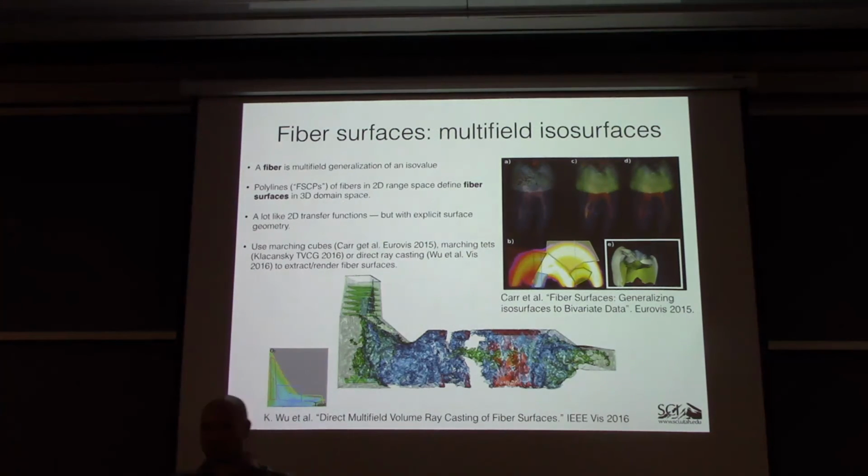And I'd say this is along the lines of more flaky research. In the last 3 years, there's been a lot of interest in what you do not for single-field scalar field data, but multi-field data. And there's been a line of research, mostly from Hamish Carr, Julian Tierney, myself, and a few others, involving fiber surfaces, which are generalizations of ISO values to higher dimensional multi-field data.